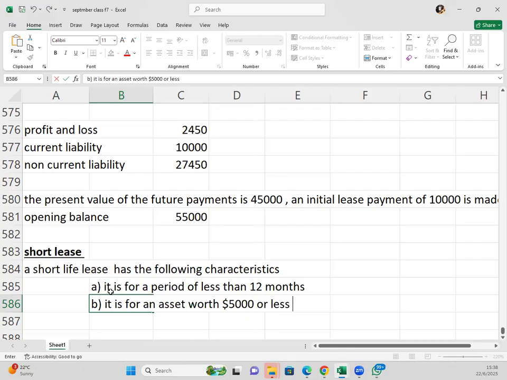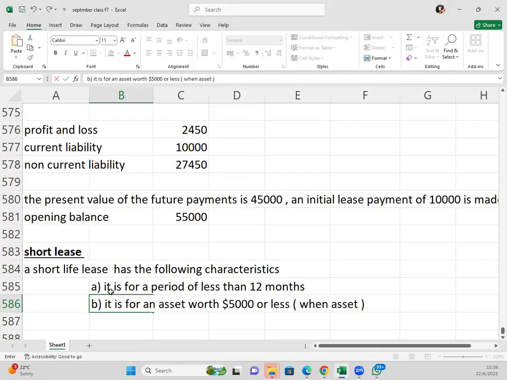So we're looking at the value when the asset is still new. Let's think of maybe you're leasing out a laptop. That can be part of a short lease. You're leasing out something with a value of less than 5,000 when it is still new.